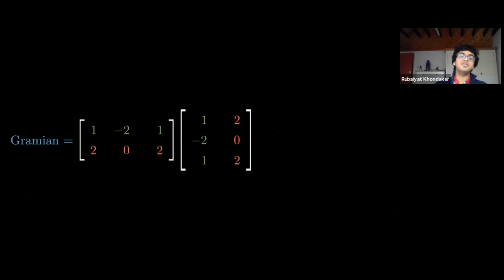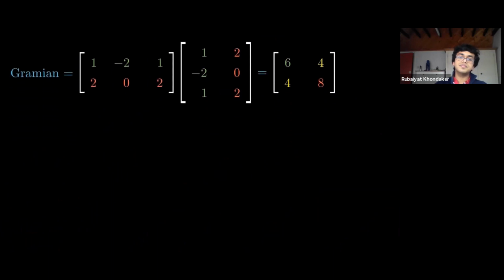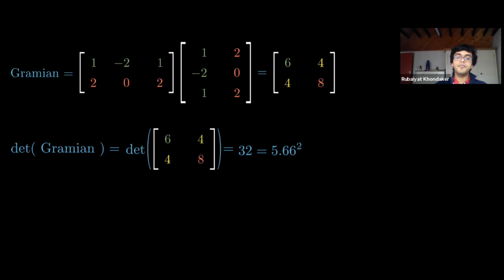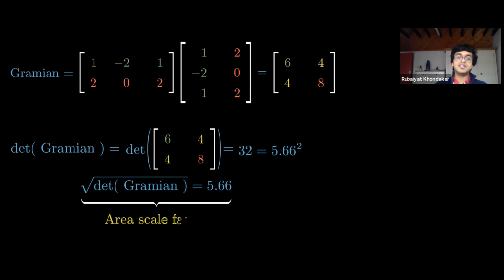So when we computed the Gramian of this matrix here, and then took the determinant, and then took the square root of that, that 5.66 represents an area scale factor. It just happens to be an area scale factor for a transformation from 2 dimensions to 3 dimensions.